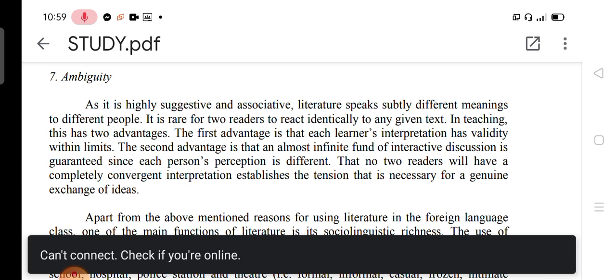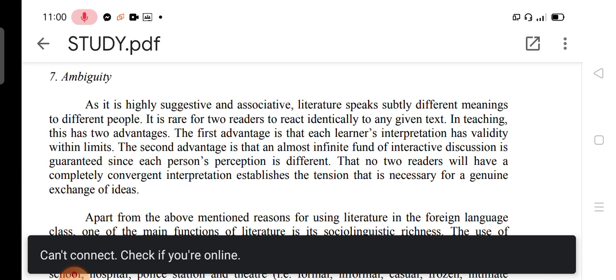So when your student reads something and interprets it in a particular way, no one can say, no, that's wrong. Why? Because he's reading it and understanding it in a different light, based on his experiences, on his knowledge, on how he was taught, and how he feels during that time.